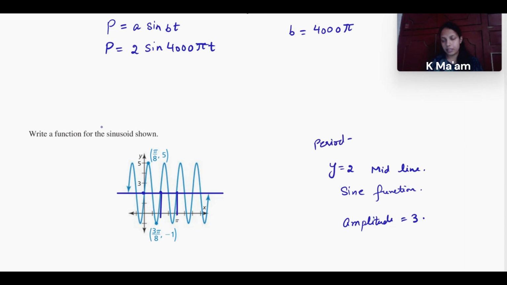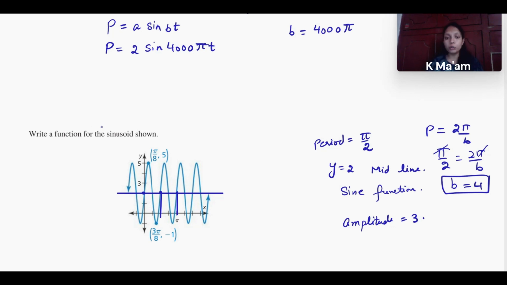The period is pi by 2. How to find b? Period equals 2 pi over b. The period is pi by 2, so it is 2 pi over b. You can calculate the b value. b equals 4. a equals 3.